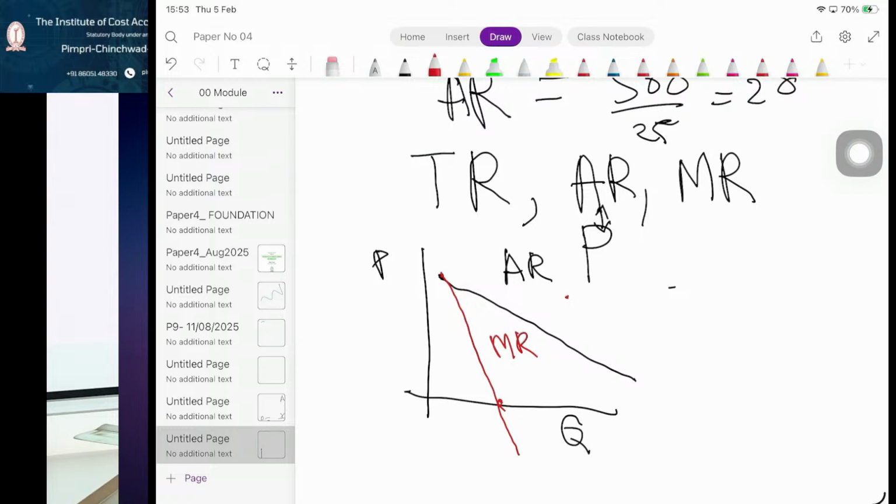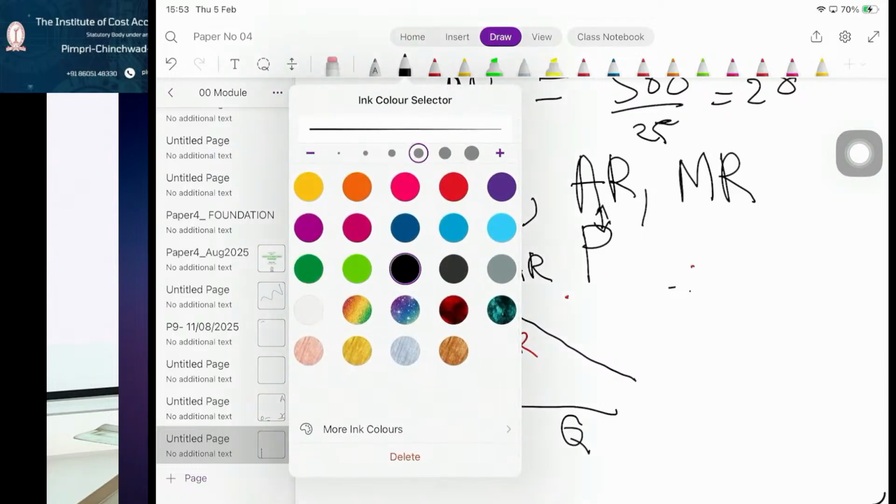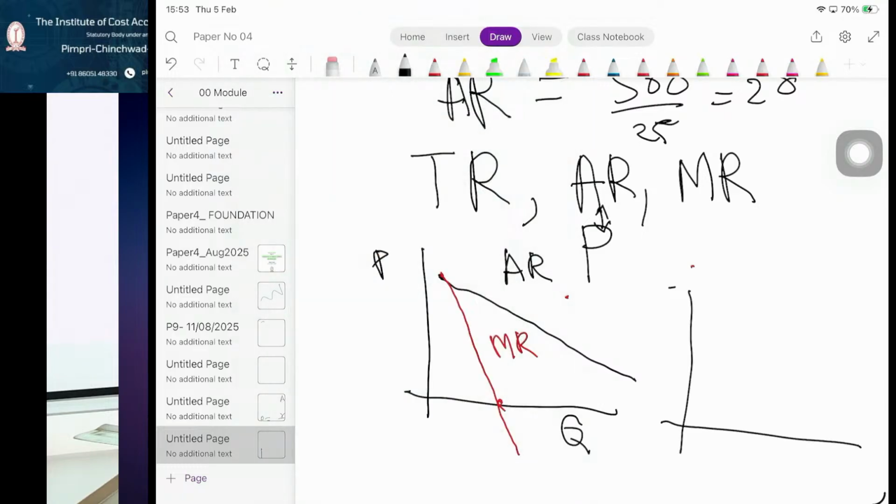And if you were to draw the total revenue curve for this firm, it would be like this. Let me call this point Q dash. Until Q dash, TR is going up. At Q dash, it hits the maximum and then it starts decreasing. That is how you get the total revenue curve. Have you all got this?